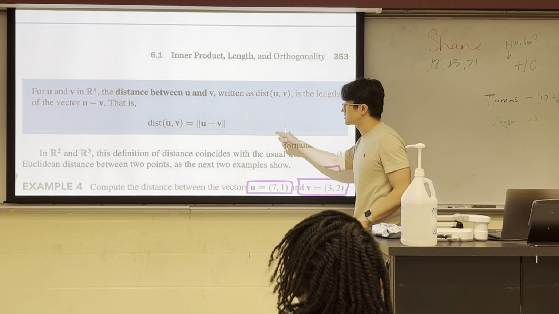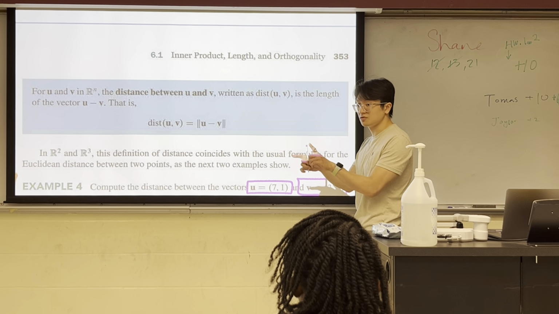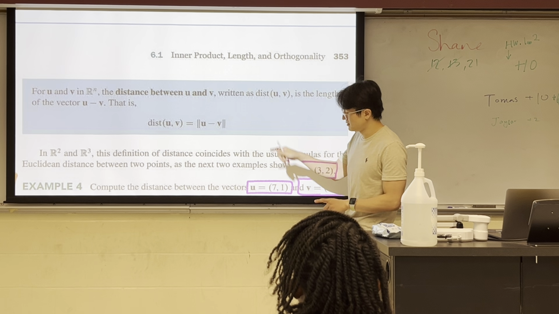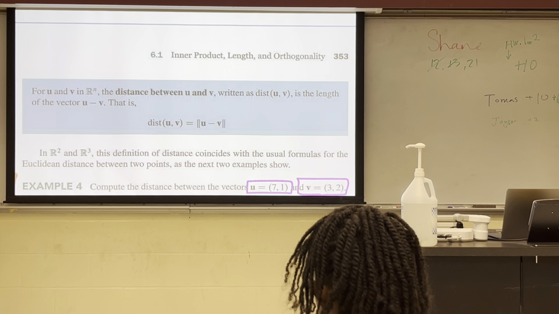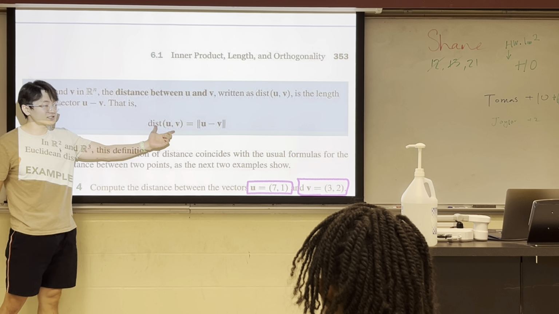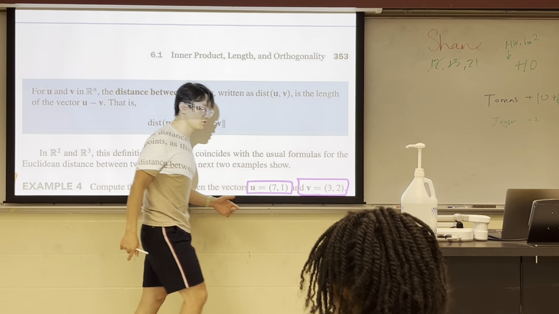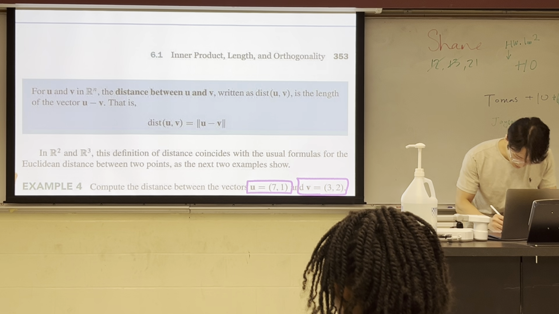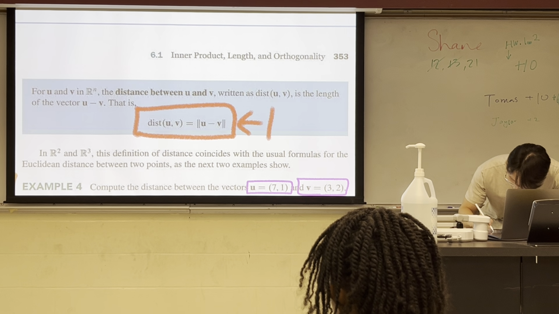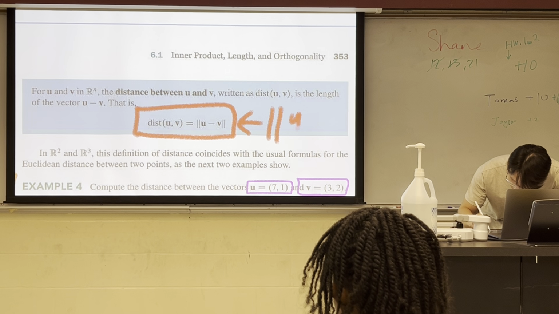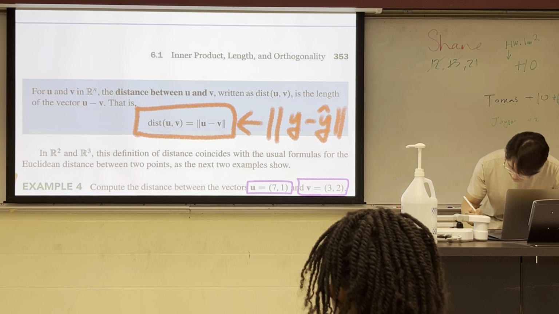When you're learning this distance, the distance between two vectors, 2 weeks ago, 3 weeks ago, when you were learning 6.1 for the first time, you had no idea why this is important. But now you know why. Why do you learn this? Because you want to find the length or distance of y minus y hat.